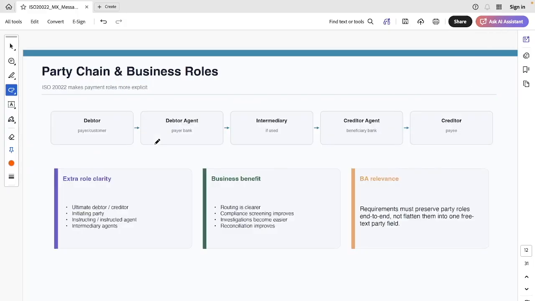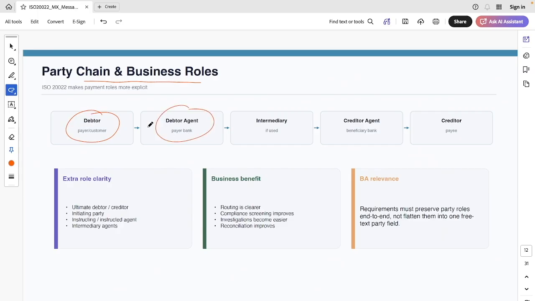Okay, now let us look at how ISO 20022 makes party roles clear. Payment messages are not only about amount and currency; they are also about people, companies, and banks playing different roles in the payment chain. The debtor is the payer or customer whose account is debited.